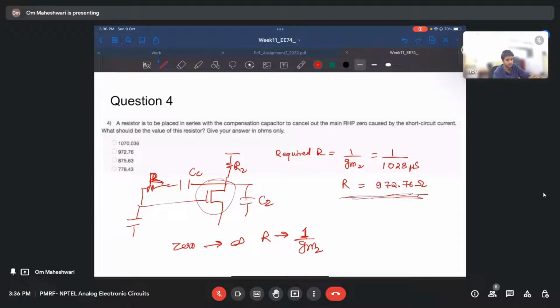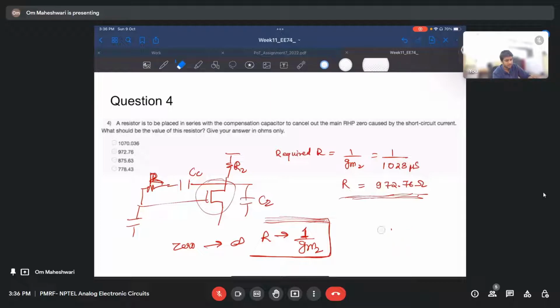Do you want me to solve how the zero comes out to be this, and how we get 1 by GM2? No, sir, next is okay, sir. Okay.